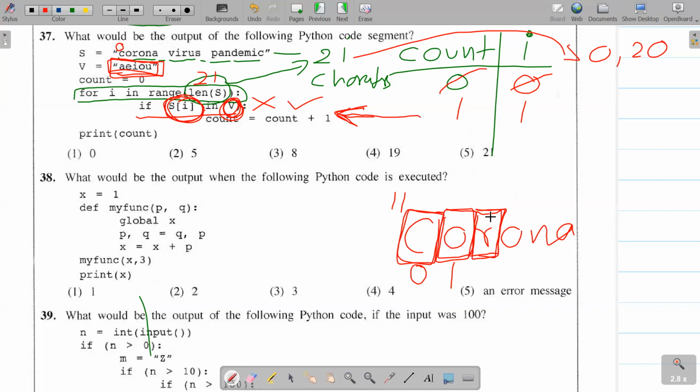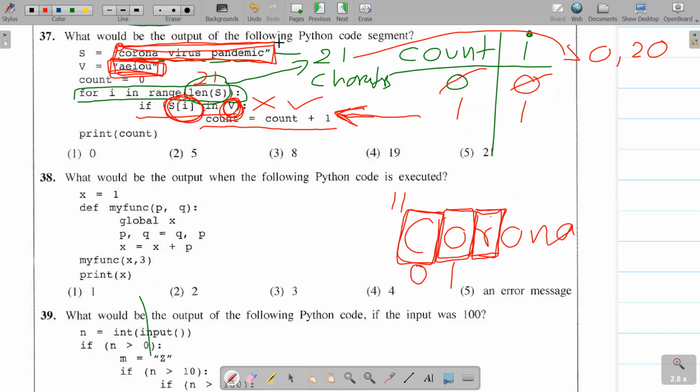Right? මේ V එකේ තියෙන්නේ A E I O U. ඒකේ තියෙන අකුරක් ඔයාට අකුරෙන් අකුර චෙක් කරනකොට හම්බ වුණොත් count එක එකකින් වැඩි වෙනවා. Right? එහෙනම් ඔයාට සරලව කරන්න තියෙන්නේ මේ ලොකු phrase එකේ තියෙන A E I O U ප්‍රමාණය count කරන්න.